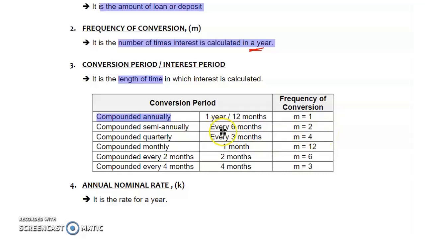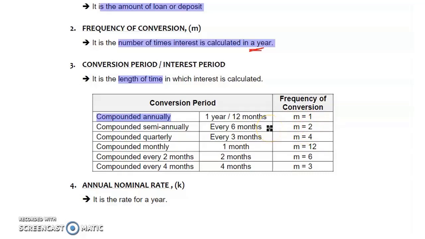Since the period is 6 months, within 1 year we will calculate the interest 2 times, or twice. That's why here M equals 2.